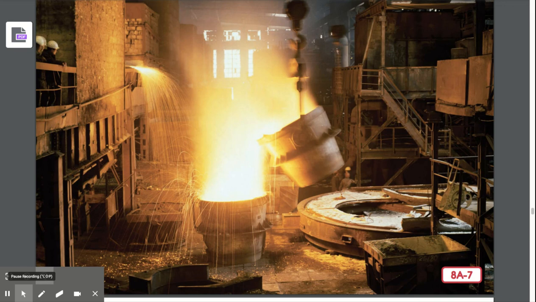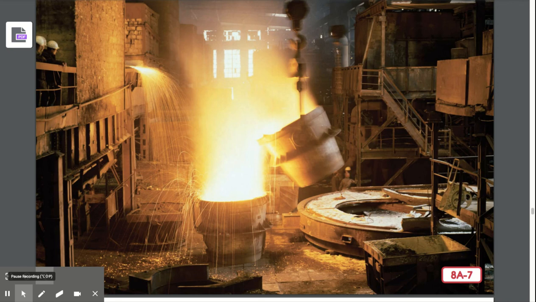Last, how did he cool the hot iron quickly so that it would harden? He plunged it into a bucket of cold water.